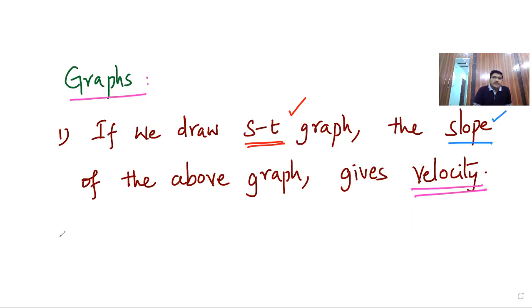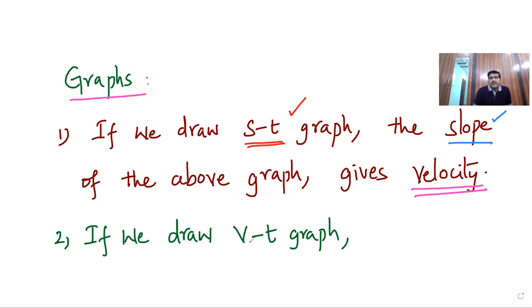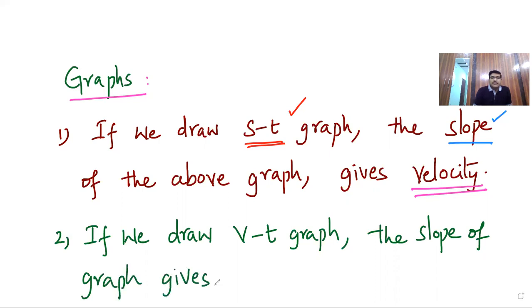Similarly, if we draw the velocity time graph, the Vt graph, then the slope of that graph gives us acceleration.